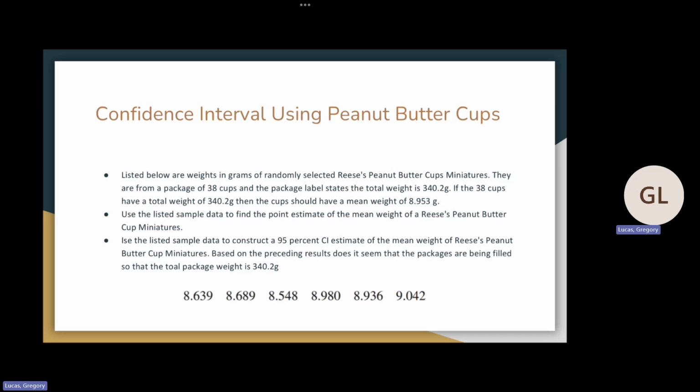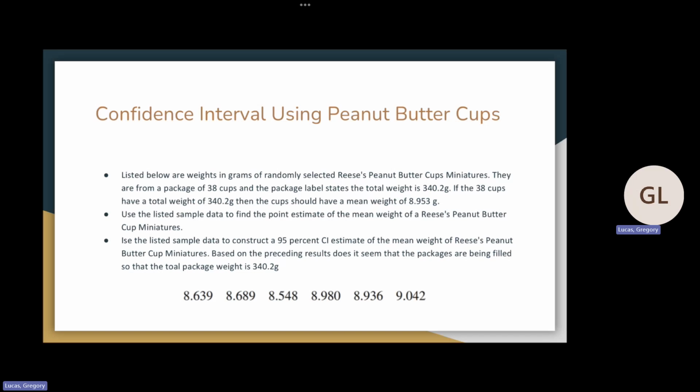We're going to use the listed sample data to find the point estimate of the mean weight of Reese's Peanut Butter Cup miniatures. And we're going to use the listed sample data to construct the 95% confidence interval estimate of the mean weight of Reese's Peanut Butter Cups.